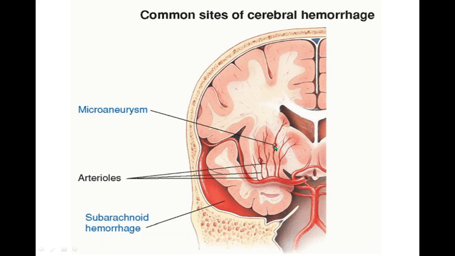These dilations are usually congenital, so they are present from birth in the cerebral vessels. Very commonly it is found in the anterior communicating artery, which connects the two anterior cerebral arteries. That is the artery most commonly affected, and we call it Berry's aneurysm.